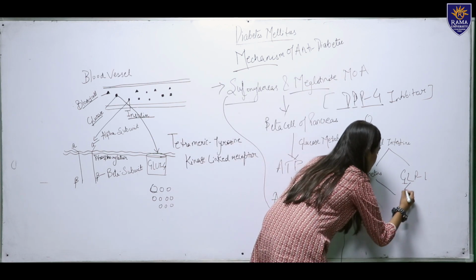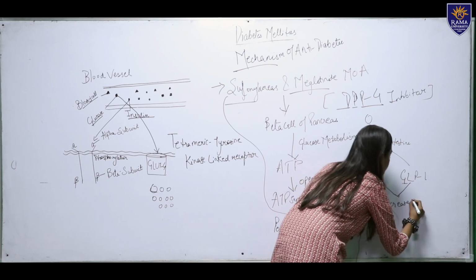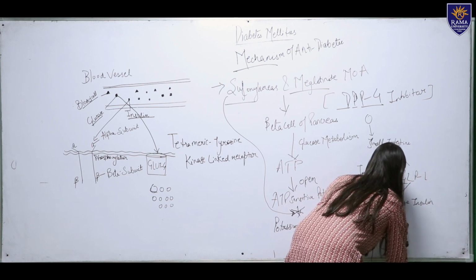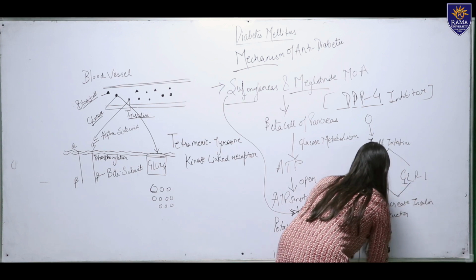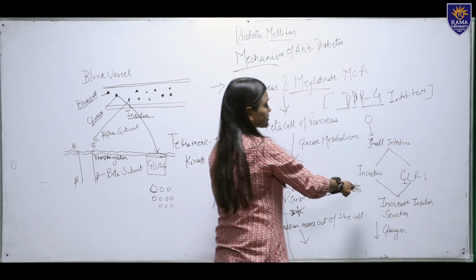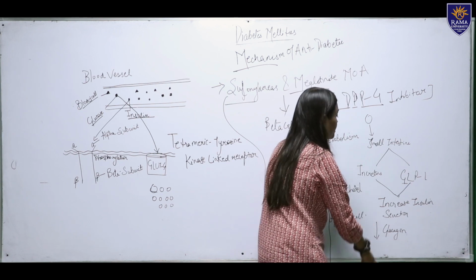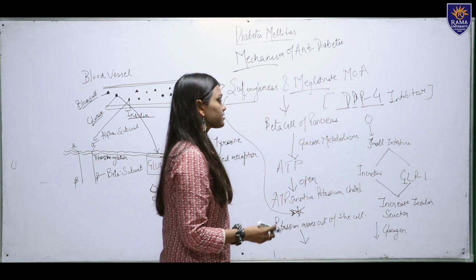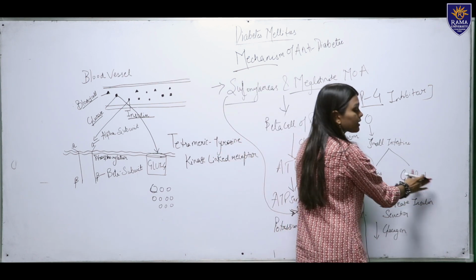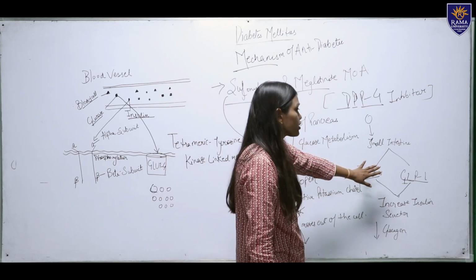So basically, they both increase insulin secretion and inhibit glucagon secretion. What work do incretin and GLP-1 do? They increase insulin secretion and decrease glucagon secretion. But in some cases, these incretins and GLP-1 get broken down.